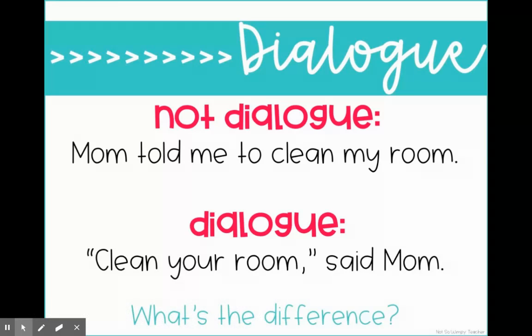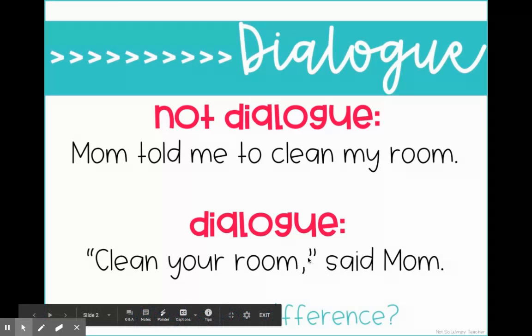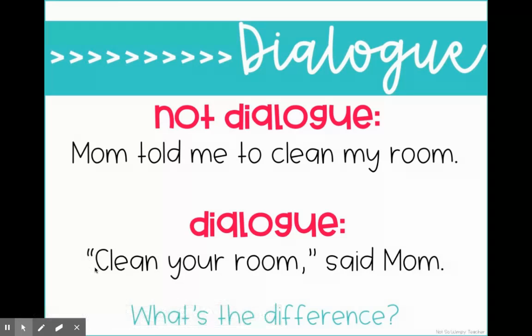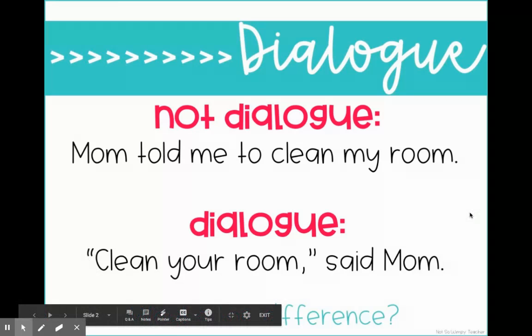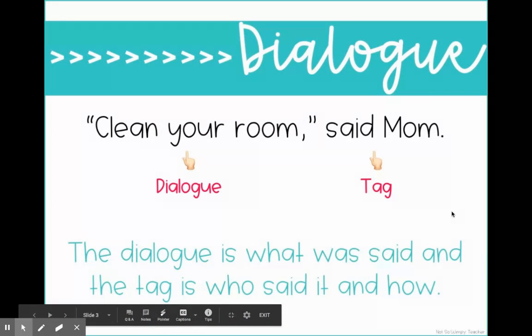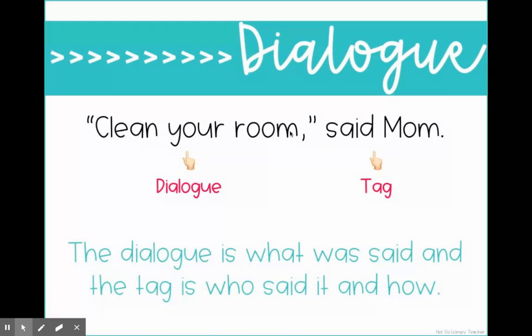So we hear exactly what Mom told us, and we see these two little lines at the beginning and at the end. And like I said, those are quotation marks. So we have the dialogue, which is what was said, "clean your room," and the tag, who said it and how, so "said Mom."